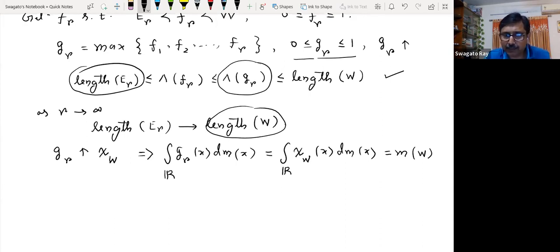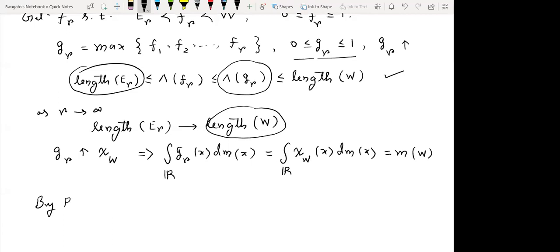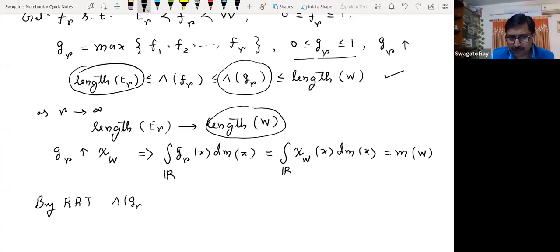Can anybody tell me what is lambda GR? Integration over R of GR(x).